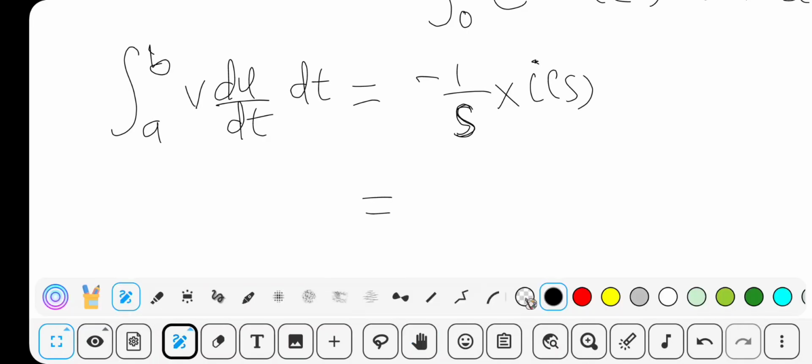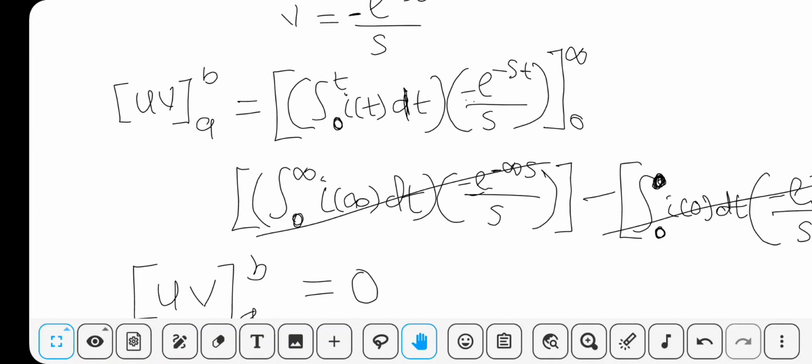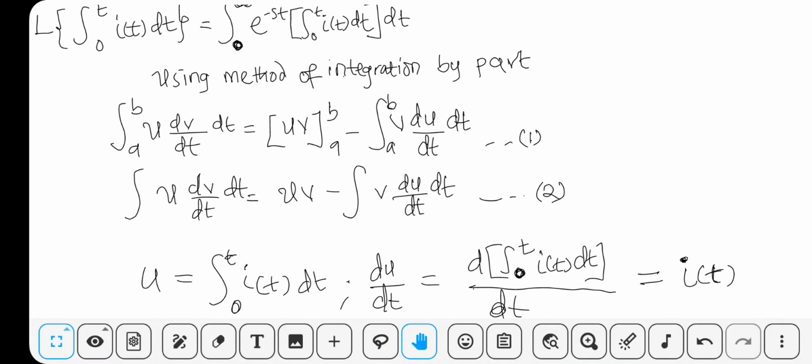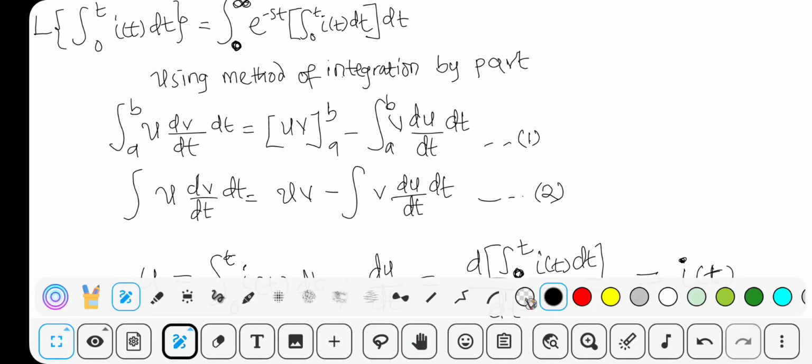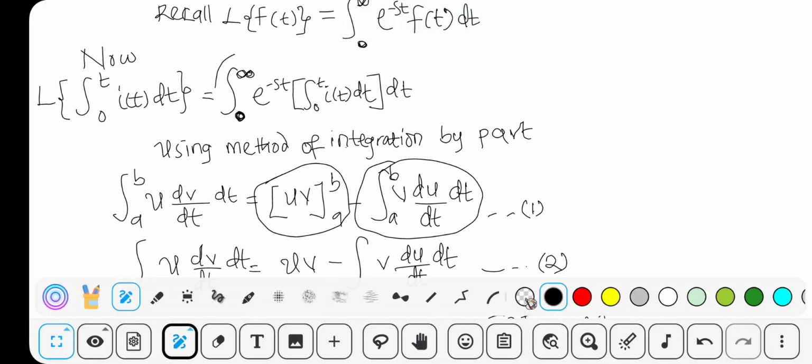So this is it. Now we can find minus I(s) over s. Now that we have gotten this and this, we can now find this.